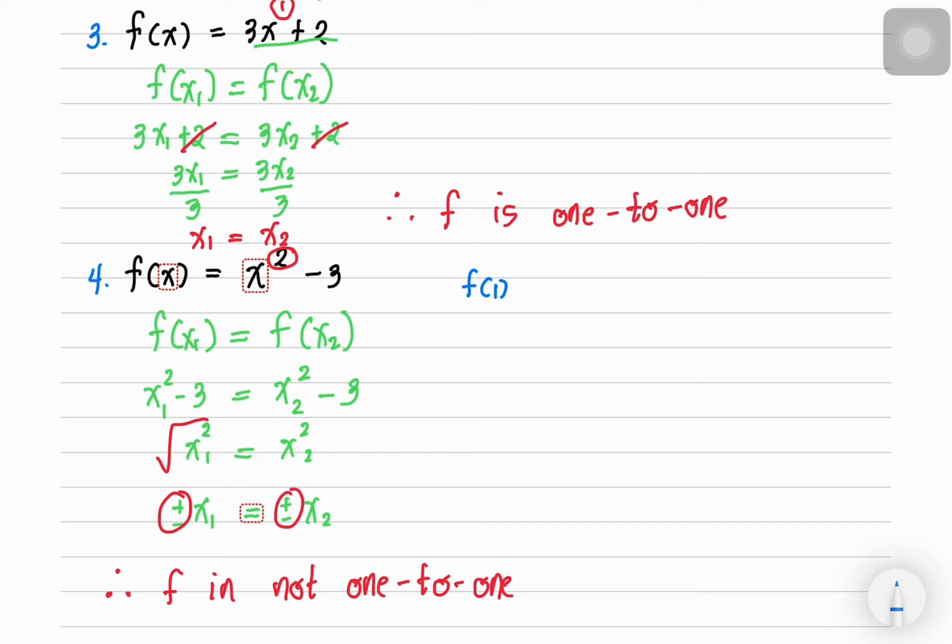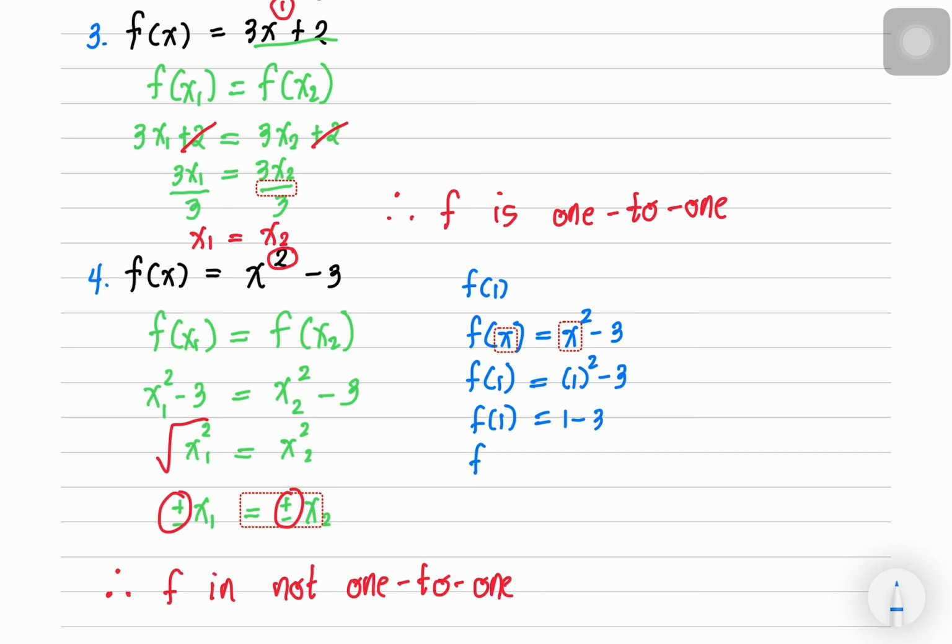So, in our original equation or function, which is f of x is equal to x squared minus 3. When x is equal to 1, so f of 1 equals, so we have 1 squared minus 3. So f of 1 equals, so 1 squared, that is equal to 1 minus 3. So f of 1 equals negative 2.